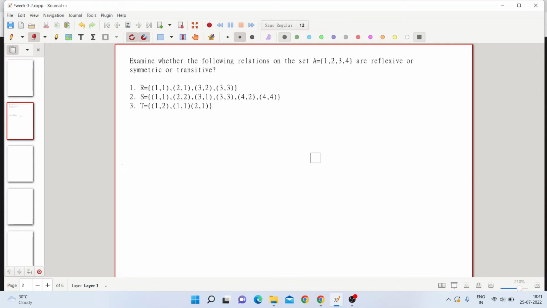Here we will check what is reflexive relation, symmetric relation, and transitive relation, because these three together form an equivalence relation. The question here is to check whether the relation given, RST, is reflexive, symmetric, or transitive. So before going to the question, let us see what is a reflexive relation, a symmetric relation, and a transitive relation.